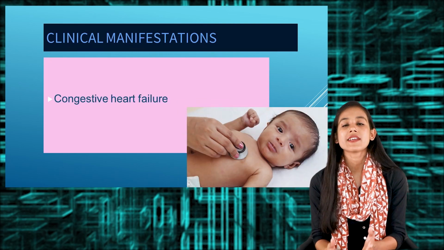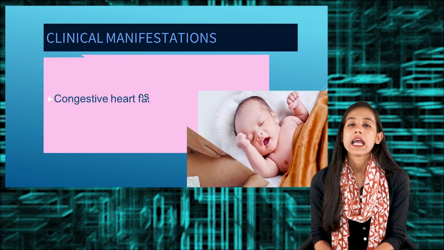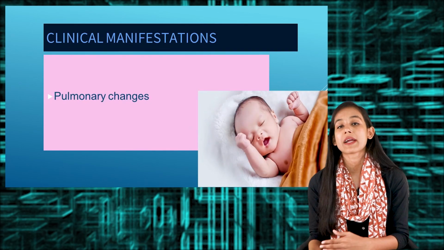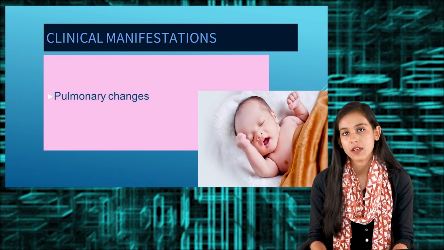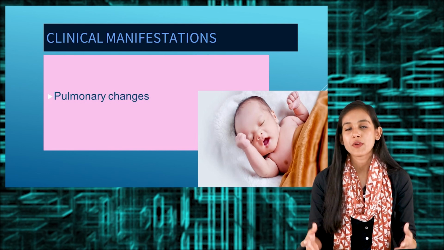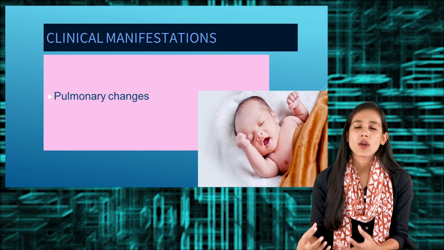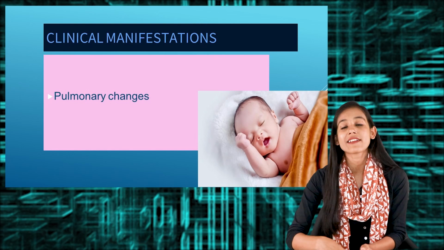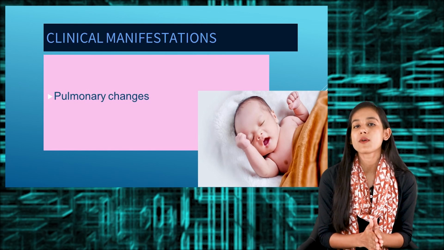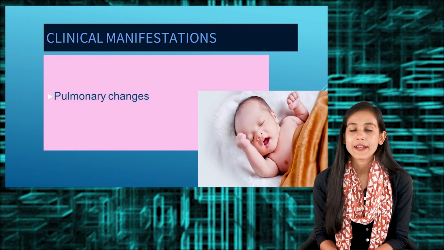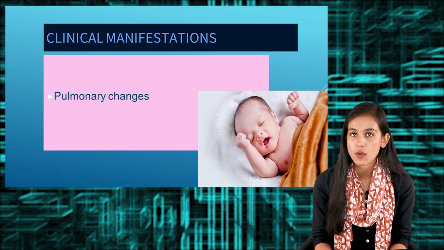And also we can see heart problems. For example, there might be congestive heart failure, and also there might be pulmonary changes, because even though the child will be breathing enough oxygen, there is not enough hemoglobin to carry that oxygen in the blood, right? So there is a deficiency of oxygen in the blood, and these things would eventually cause pulmonary changes also.